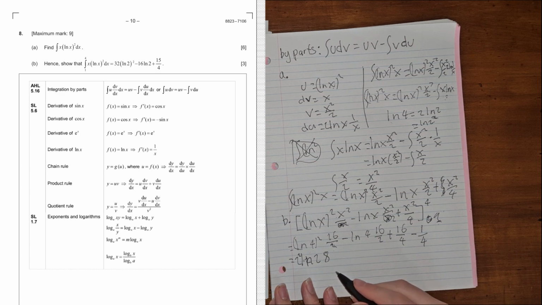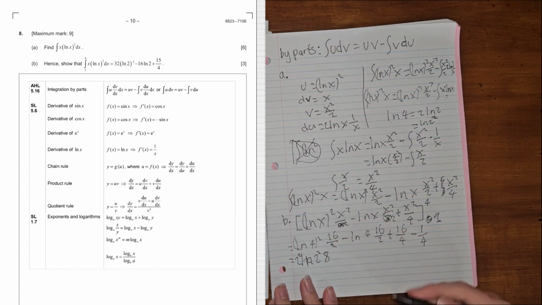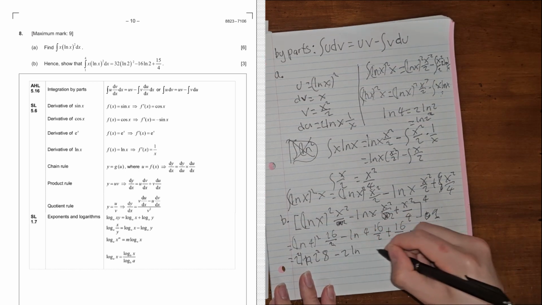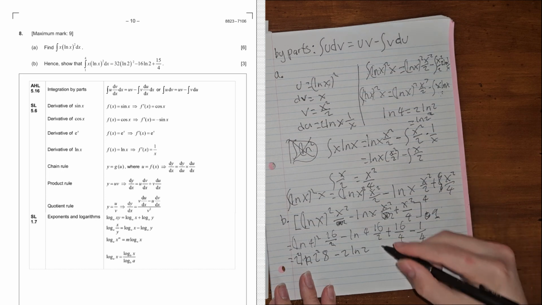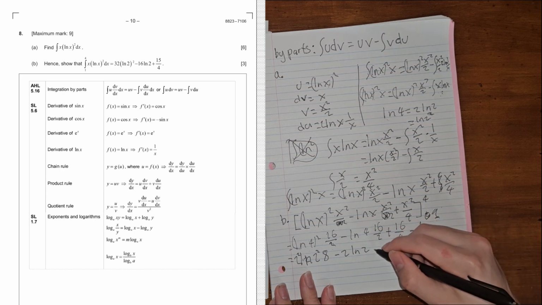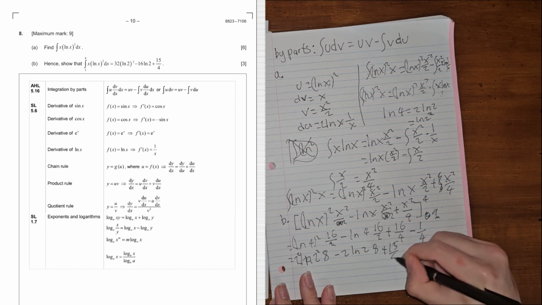Because of the square inside, you have to square everything, and you're going to have 2 ln 2 squared times 8, minus 2 ln 2 times 8, plus 15 over 4.